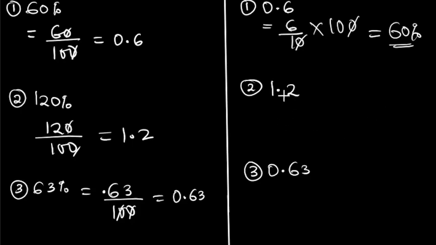Then for this one, 1.2 is same thing as 12 over 10. So we'll multiply by 100 because we are converting to percentage.